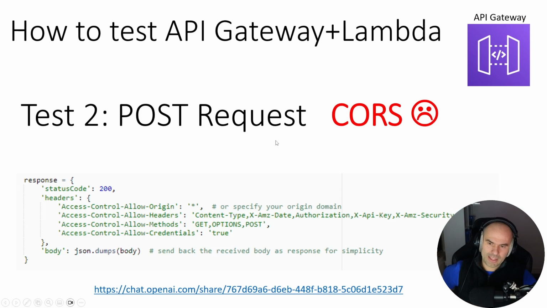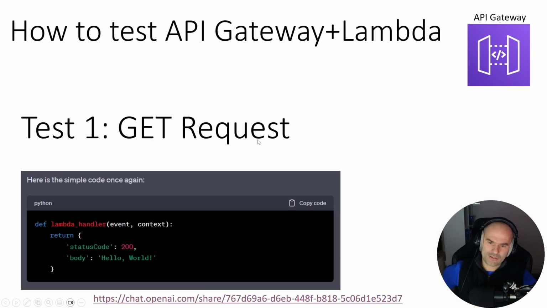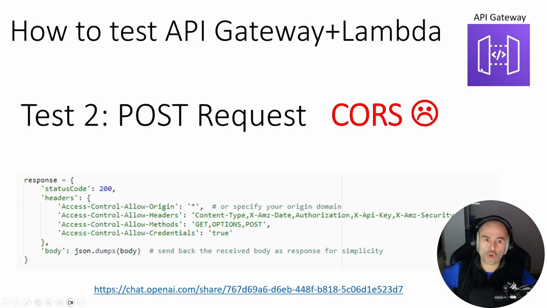However, things are not super straightforward, because to do a post request, which means to do something that has the potential to change the contents of a database, to send information into the server, into the backend, something called CORS comes into play, cross-origin resource sharing.